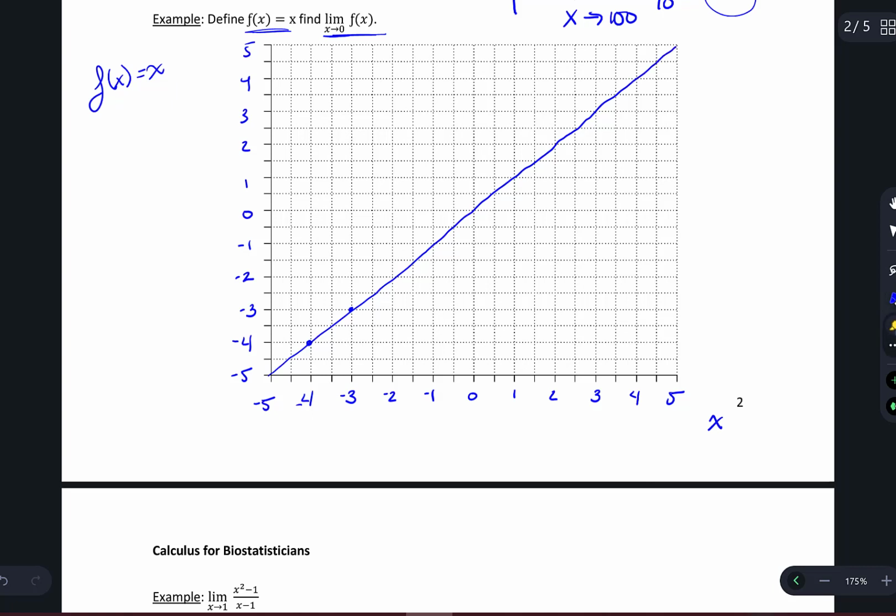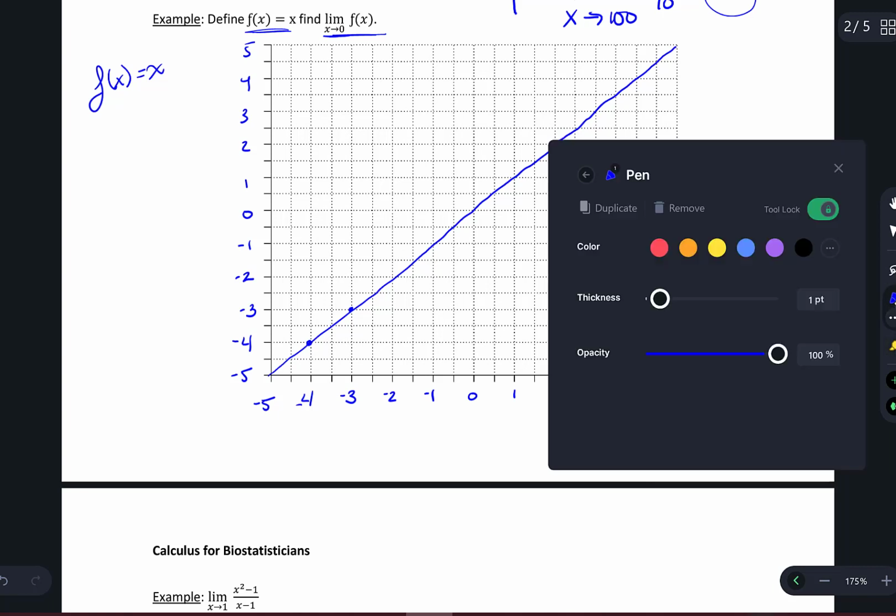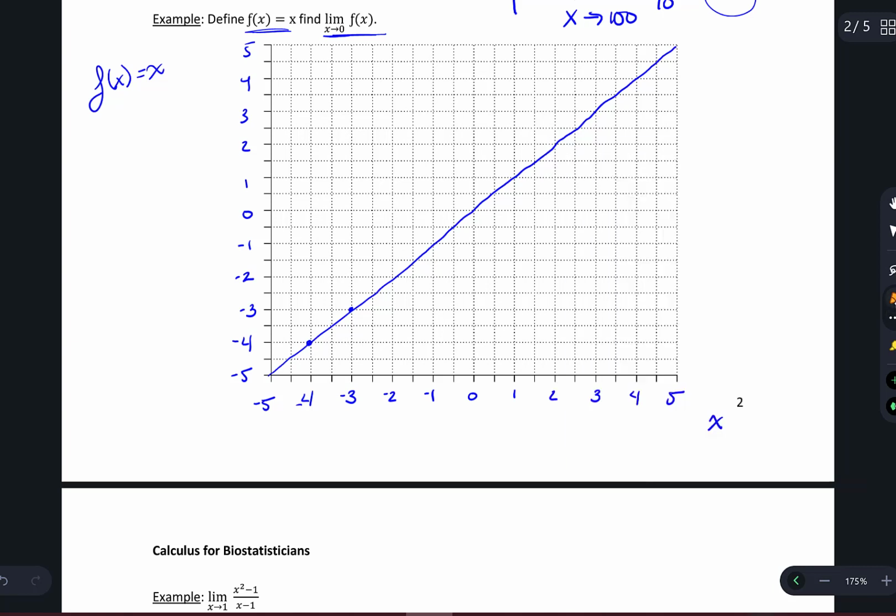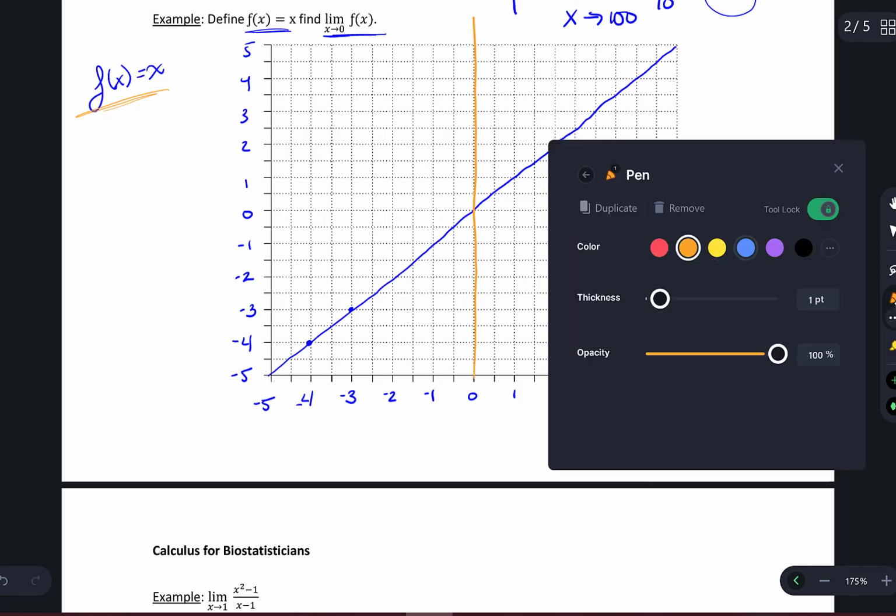Now, we want to evaluate when x approaches 0. So on the x-axis, let's draw a line where x is equal to 0. The idea is we want to see what is happening to f of x as x is approaching 0.